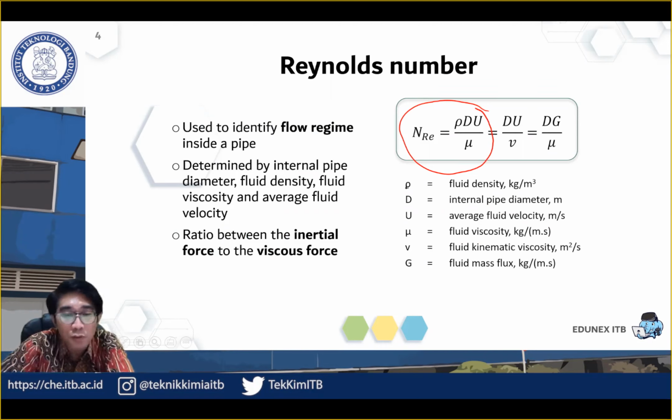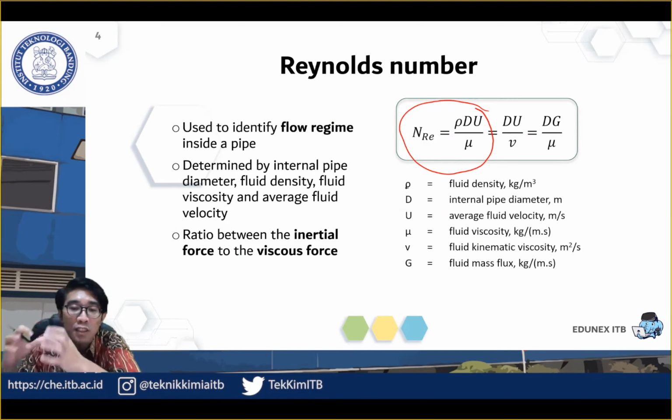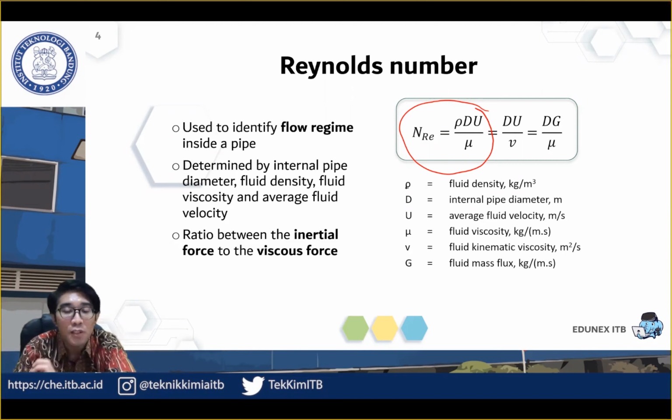So please be careful, the diameter used is the internal one. Because later you will know that a pipe has an inside diameter and an outside diameter, because it has a certain thickness, right? So the diameter is the inside or internal diameter.